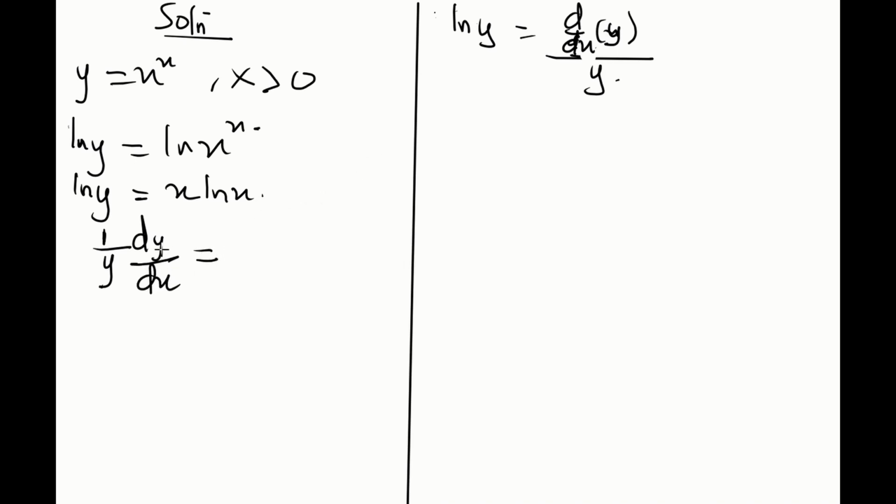Now, after we have gotten this, we now have to differentiate the right hand side as well. We are also going to use the product rule. Why?